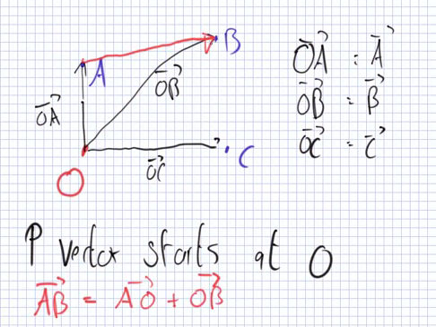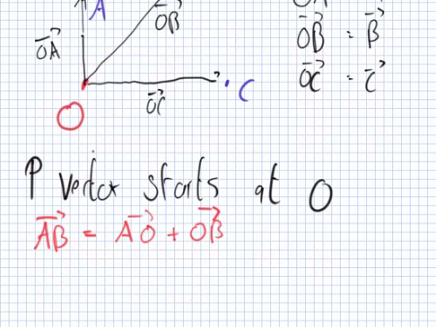A to B is A to O plus O to B. Good, okay. Now A to O, if I swap the A and the O, I have to put a minus in front. Do you remember that rule? And then O to B, I can rewrite that as just B, because it is a position vector.